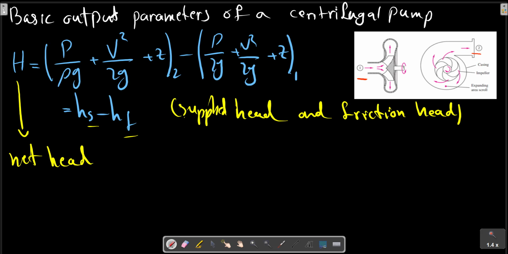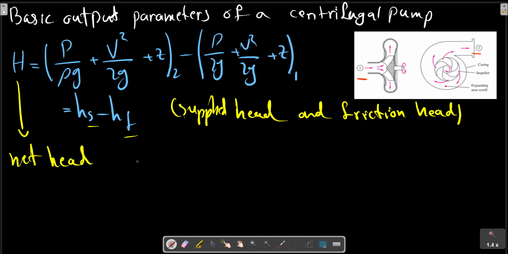primary output parameter for any turbomachine. Since this equation is for incompressible flow, it must be modified for gas compressors with large density change. Usually V2 and V1 are about the same, Z2 and Z1 differ by no more than a meter or so, and the net pump head is essentially equal to the change in pressure head.